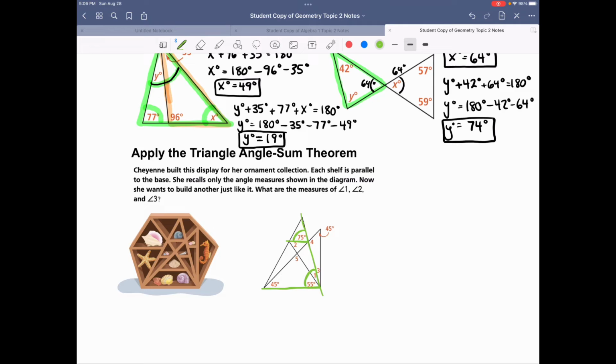So you can use your colored pencils to make this a little more obvious. Well, if that is true, then 75 degrees is equal to the measure of angle 1 plus the 55 degrees. And if you do a little subtraction, you'll see that the measure of angle 1 equals 20 degrees, and that was by corresponding angles.